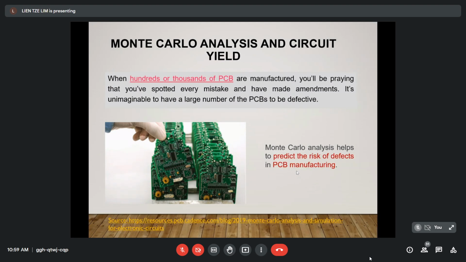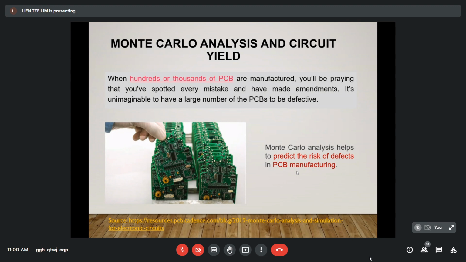Excel can help us calculate the probability values based on the equations that we define in Excel. You can try and check yourself on YouTube or other websites, but I got to know from YouTube that Monte Carlo analysis can actually be performed using Excel.